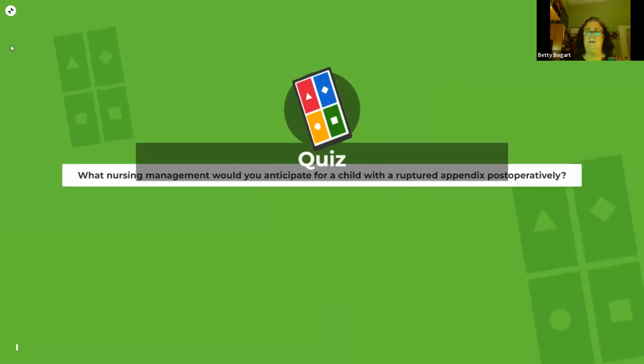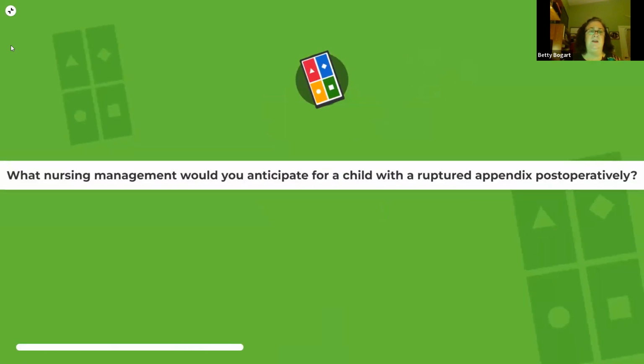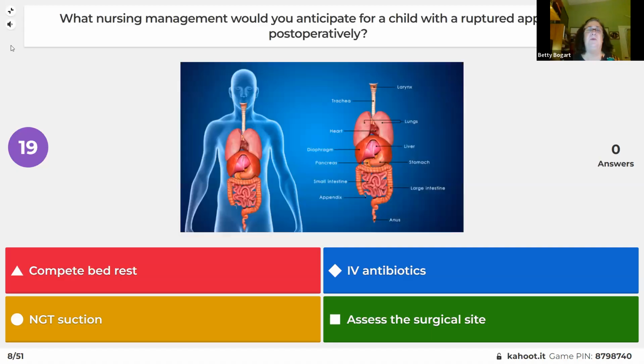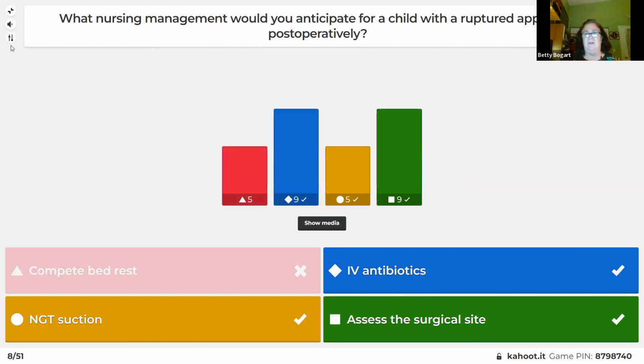A multi-select. What nursing management would you anticipate for a child with a ruptured appendix post-operatively? Remember that the appendix has intestinal debris in it, and it opens and ruptures in that abdomen and makes that peritoneum just inflamed. The bowels are angry.